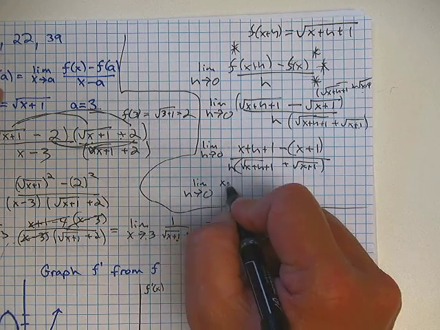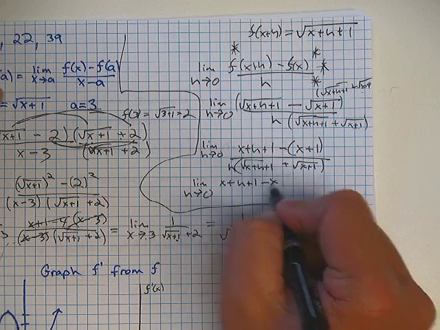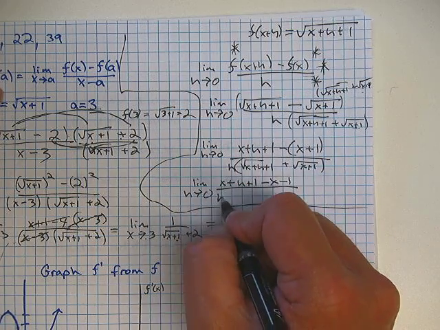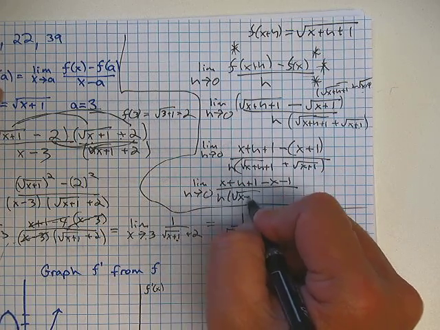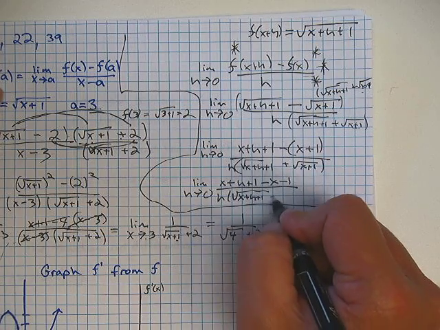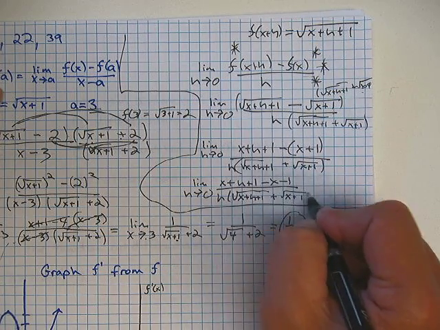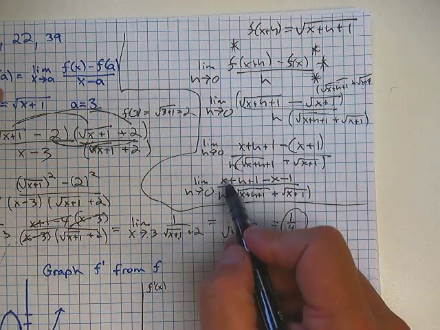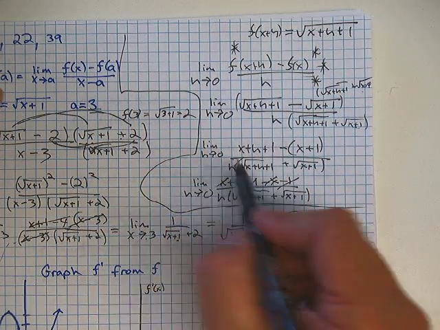Okay, the limit as h approaches 0 of x plus h plus 1 minus x minus 1 divided by h times square root of x plus h plus 1 plus square root of x plus 1.